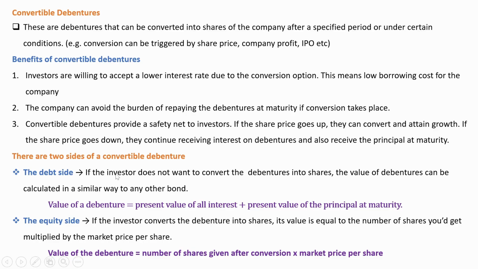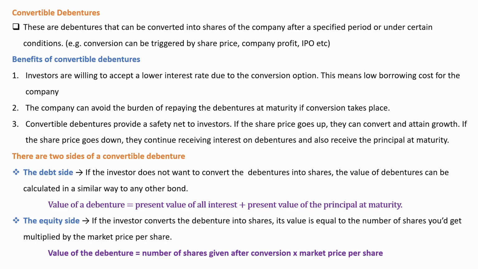So we can therefore find the value of a convertible debenture the same way we find the value of the other non-convertible debentures. So this is the equation we use. Value of a debenture is equal to present value of all interest plus present value of the principal at maturity. That is one side of the debenture, which is the debt side.